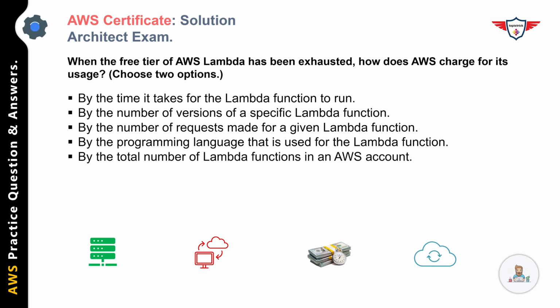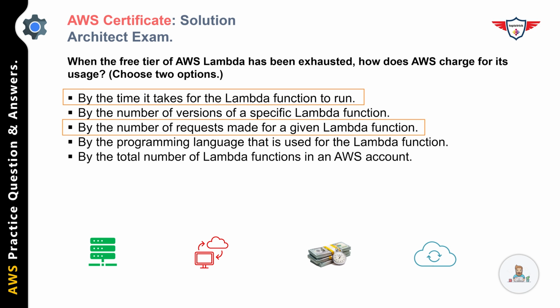The correct answer is option A and option C, and the reason behind that is that Lambda charges are dependent on the amount of time it takes to run the code. Additionally, Lambda charges are dependent on the number of requests for your Lambda function.